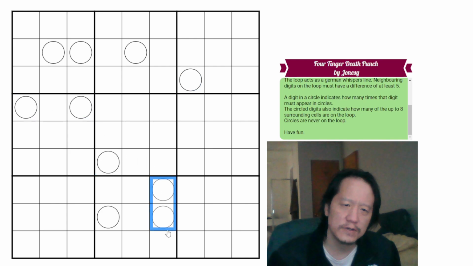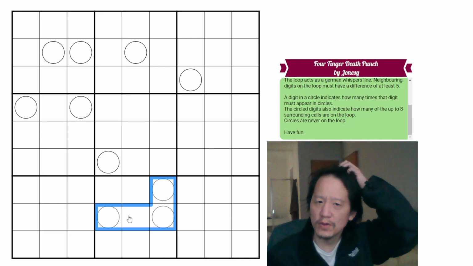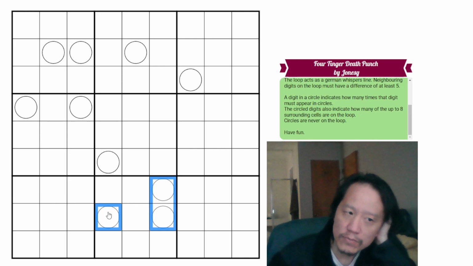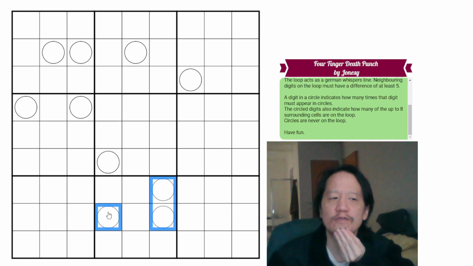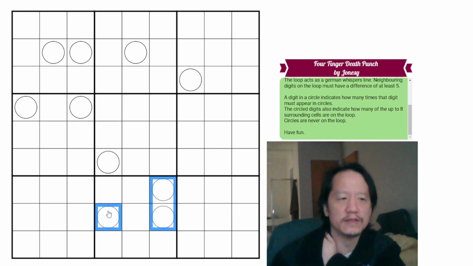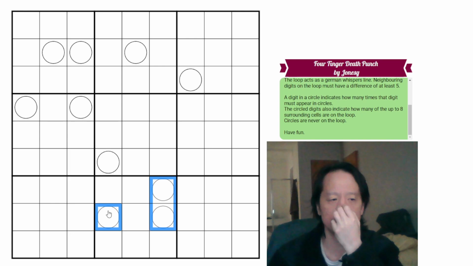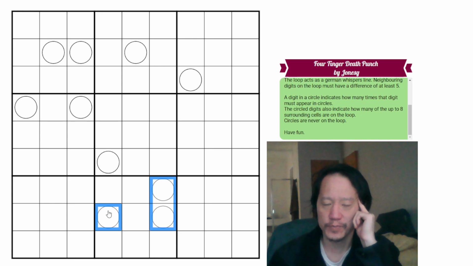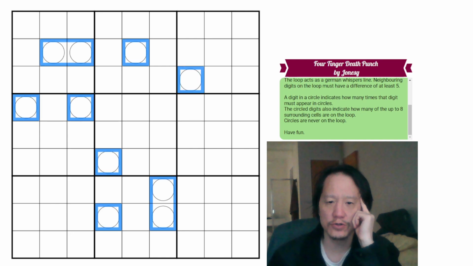It's possible. It could be 1, 4, 5 or 2, 3, 5. And those are the possibilities that we have for numbers in the circle: 1, 2, 3, 4, 1, 3, 6, 1, 4, 5, or 2, 3, 5. None of the circles are on the loop, so it cannot be here.